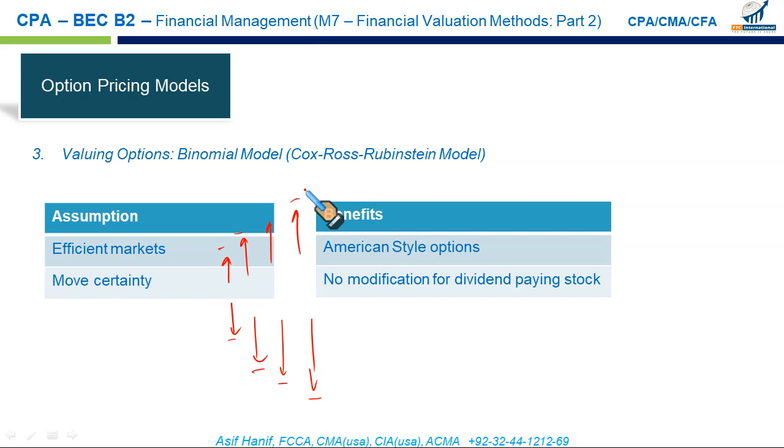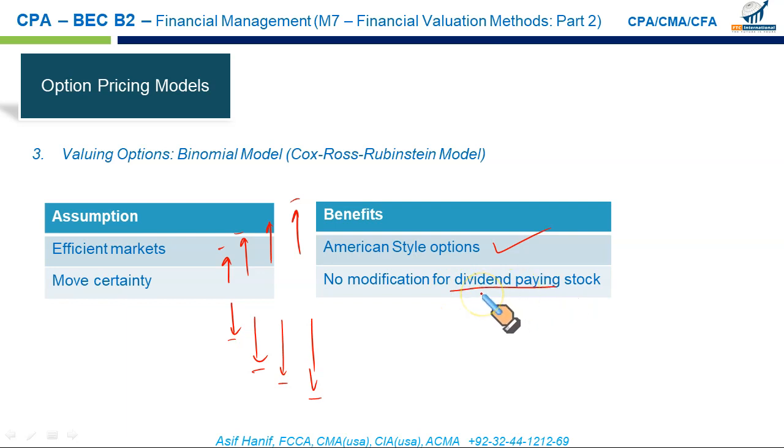Okay, so there are certain benefits also. American style options, which could not be valued using Black-Scholes, we can value using the binomial model or Cox-Ross-Rubinstein model. We don't need to modify it for a stock that pays dividends. This is good.